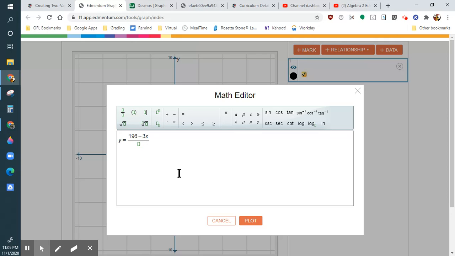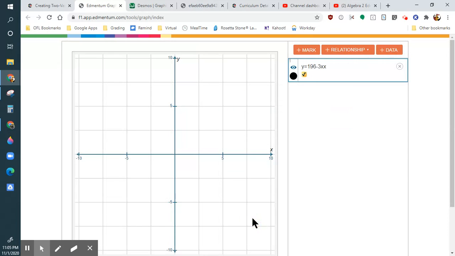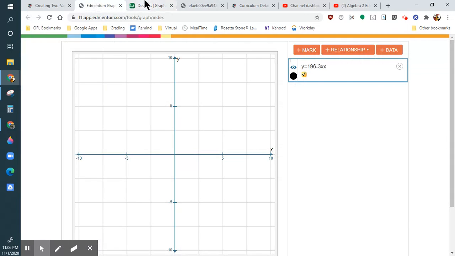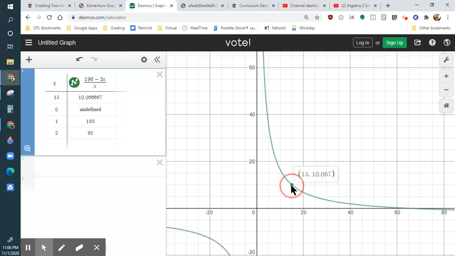X over X. And of course, it's going to give me a hard time. Oh my gosh. I'm going to say 10. So this gives me 10 when I plug it in for X. Oh, I was doing Y before, huh? Well, let's see. What if I put Y?